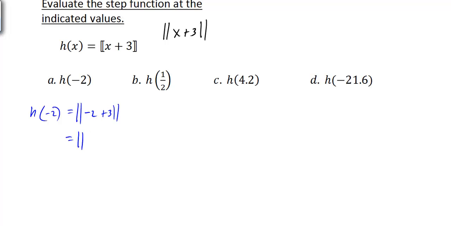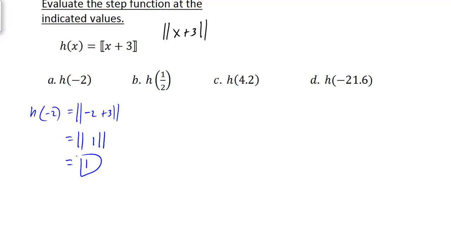So negative 2 plus 3 is going to be 1. And then if we look at the greatest integer here, that means, is this number an integer? Well, the answer is yes. Because this is an integer, that will be the answer. So the answer is simply 1.